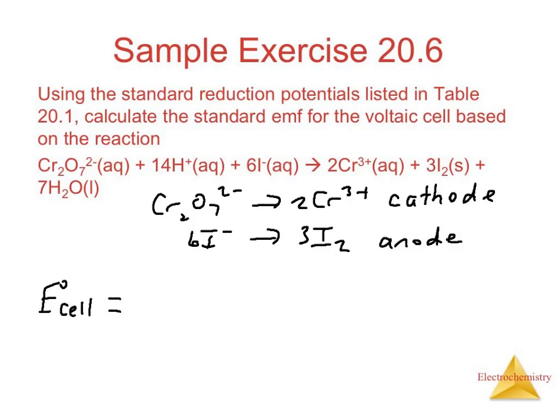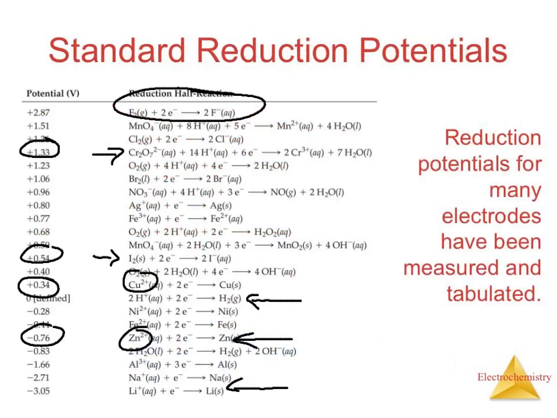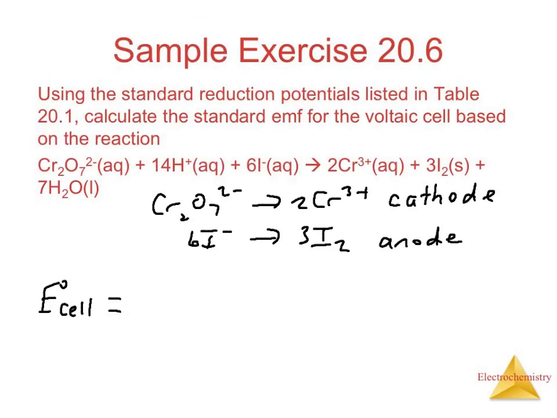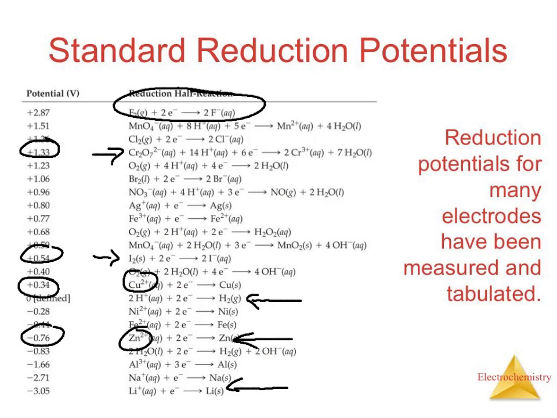Alright, so what we do here is we take the reduction potential of the cathode, which, again, coming back to this chart, is plus 1.33. Minus the reduction potential of the anode, which is plus 0.54.